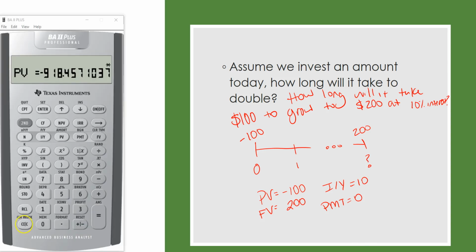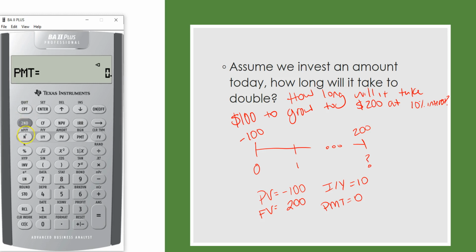So let's do this on our financial calculator. First, I'm going to clear our time value of money. Second, clear TVM. So $100 taken out of our pocket today grows to 200 at some point in the future at 10% interest. And again, we're assuming that payment is 0.